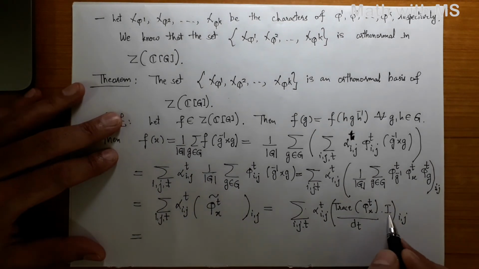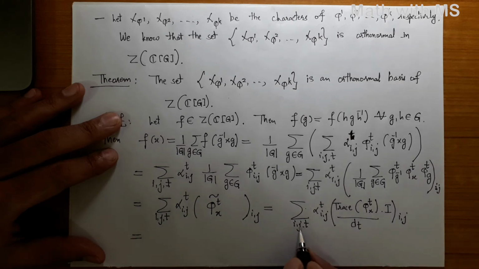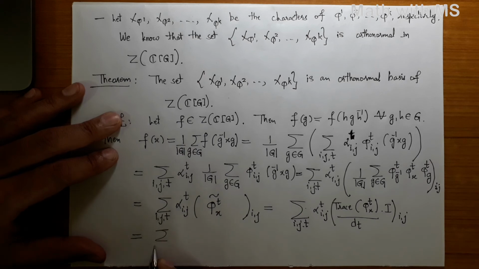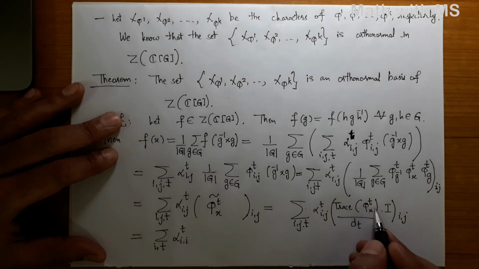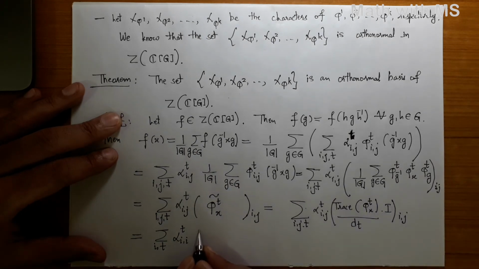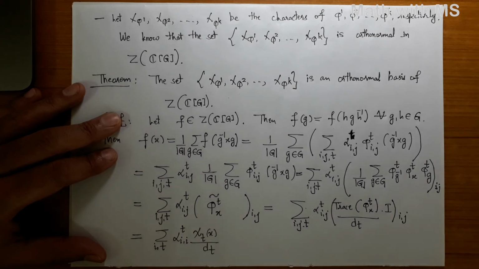I know that this is the identity matrix and I am asking for the ijth entry, so the only non-zero entry will be when i equals j. So the summation now runs over i and t, alpha_tii, okay, and the trace of this becomes a character, it becomes chi_t at x divided by the degree d_t, okay.